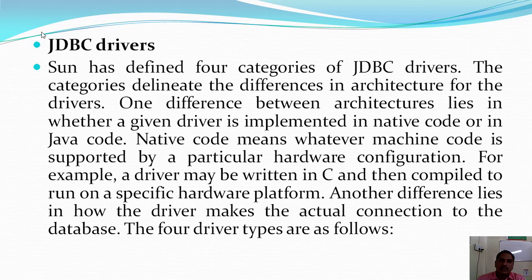Native code means whatever machine code is supported by a particular hardware configuration. For example, a driver may be written in C language and then compiled to run on a specific hardware platform.